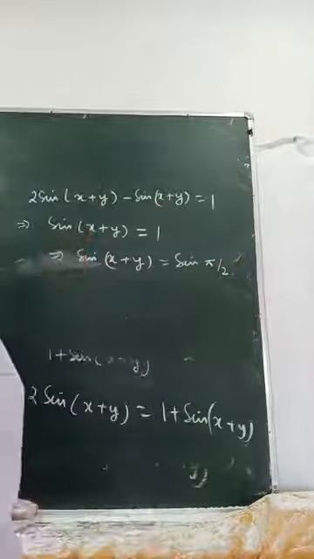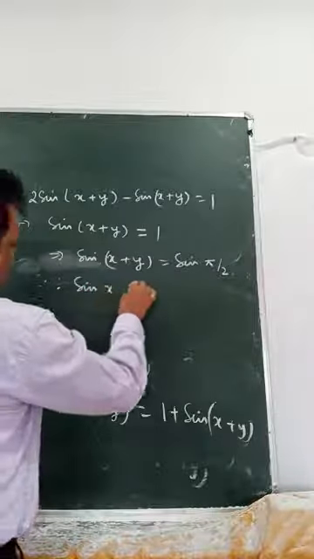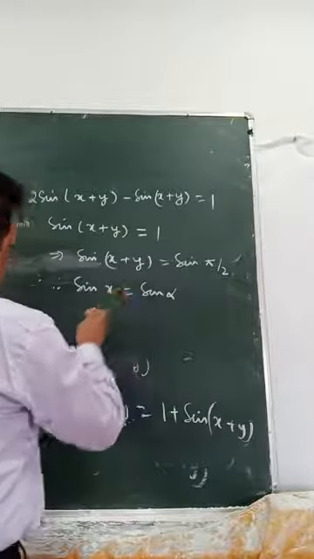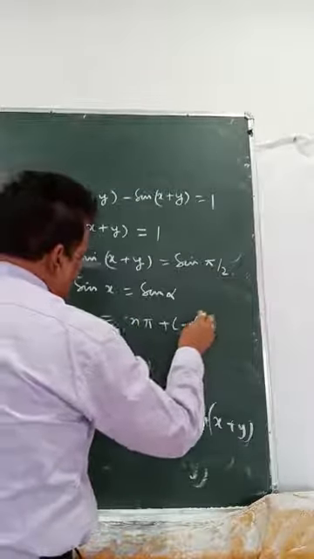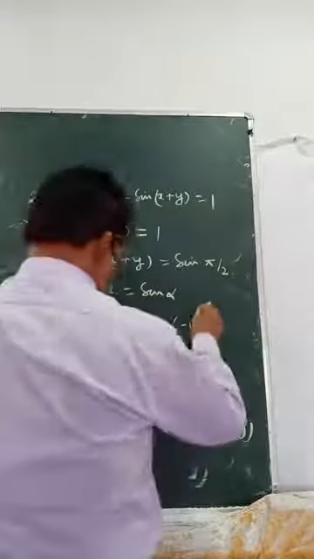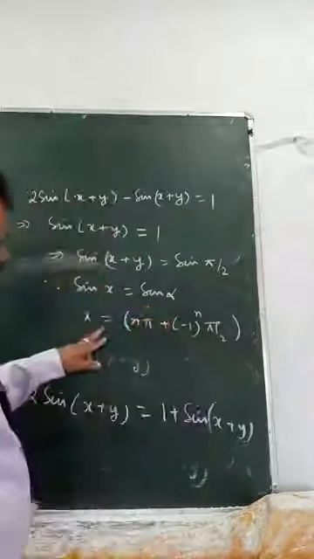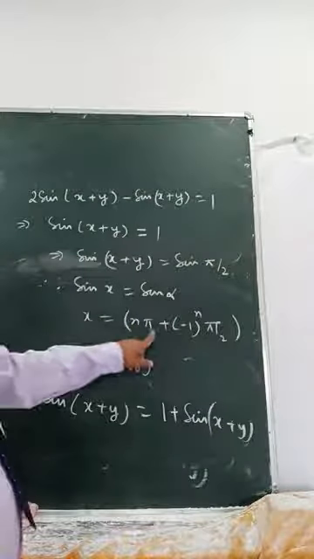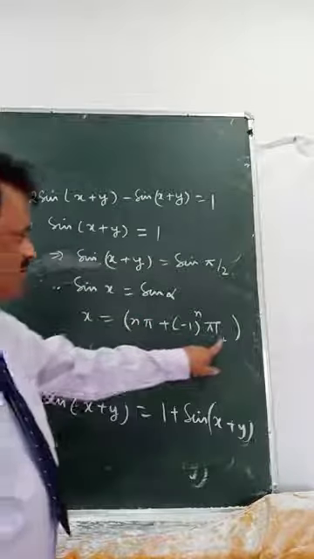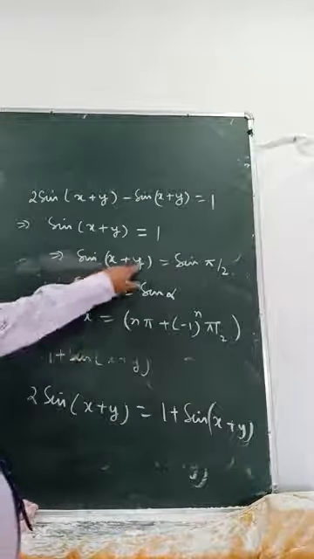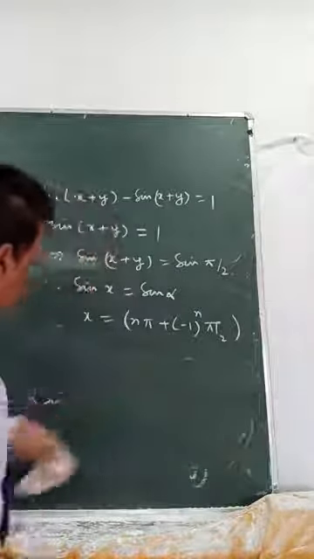But there is a formula, back from class 11: sin x equals sin alpha, then x equals n pi plus minus 1 to the power n alpha. This formula we have studied as the general solution in trigonometric functions. That means x plus y will have a value like this. So this is our reference.